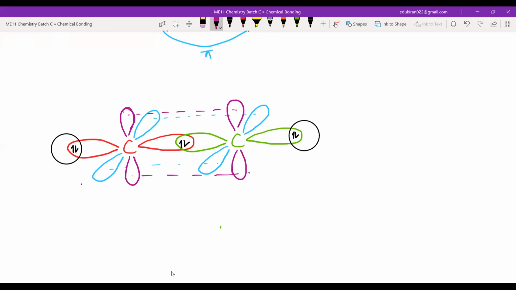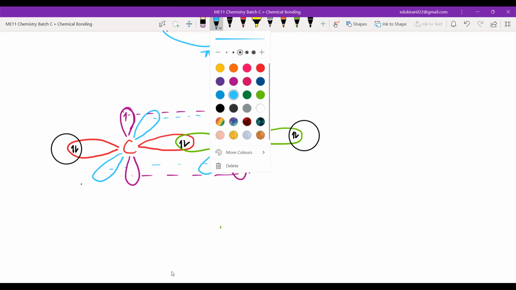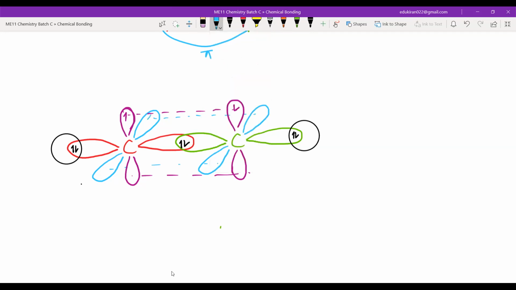So these are the p orbitals which are having one electron like this. These are also having one electron each. Okay. This is sp.